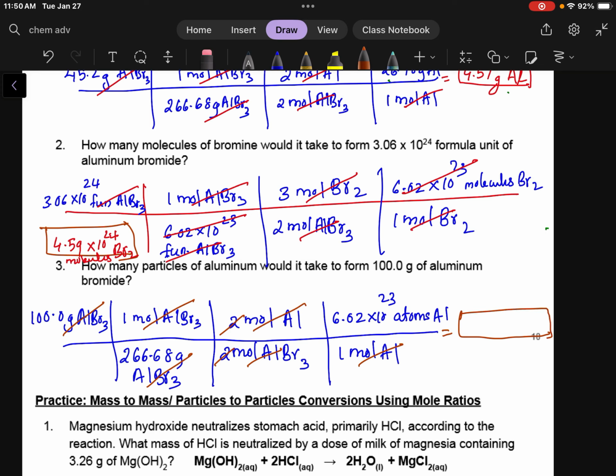Since there is a decimal, all the zeros are significant, so it will be 2.257 times 10 to the power of 23 atoms of aluminum, or aluminum atoms, you can write whatever you want.